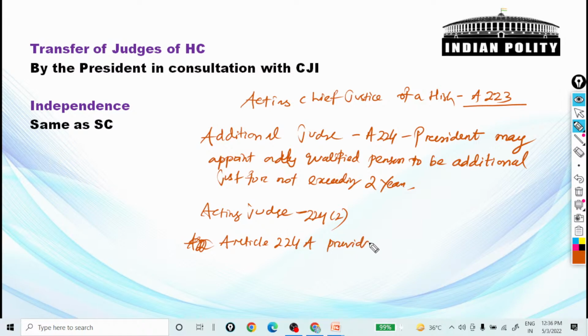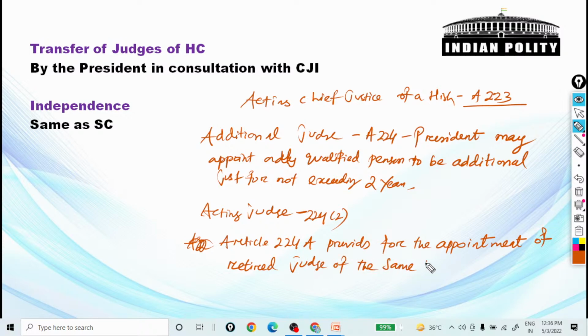Article 224A provides for the appointment of retired judges of the same High Court or others to sit as a judge in a particular case.